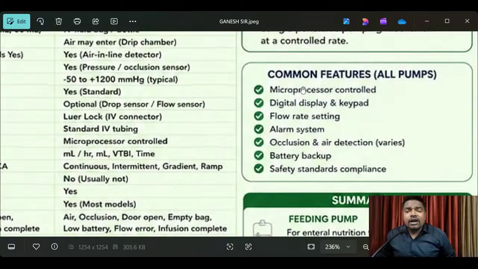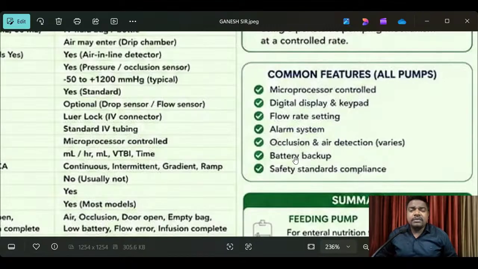Common features of all pumps: feeding pump, infusion pump, syringe pump. Listen carefully and try to get the points. This type of comparison nobody is ready to give you in this competitive society. I'm giving it. Try to engage. Listen carefully right now. First, a microprocessor controller, common things, digital display and keypad, flow rate setting and alarm setting.